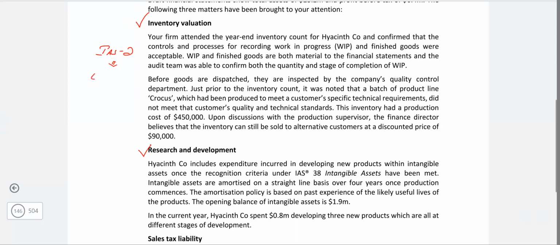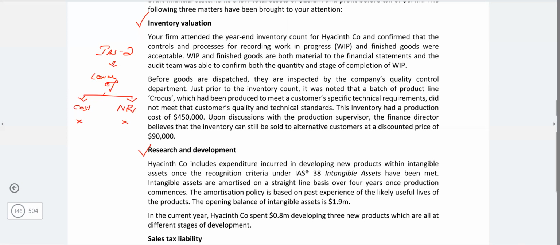Now, inventory, we know, should be recorded at the lower of cost and NRV. Cost is the cost of purchase plus any direct cost. Net realizable value is the estimated selling price less estimated cost of completion, less estimated cost necessary to make the sale. Whatever is lower, record the inventory at that figure.